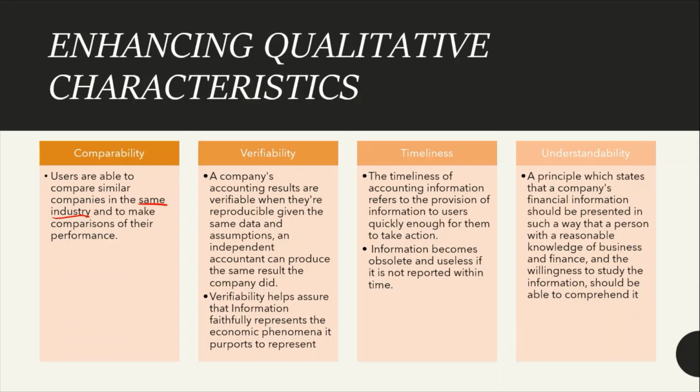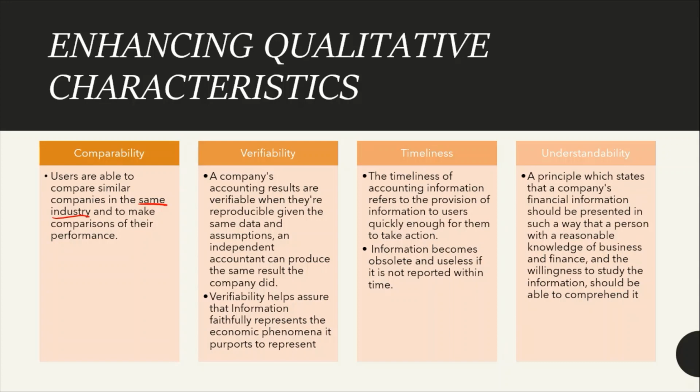When you compare company A and company B, which are in the same industry, we will see which has better performance, better profit, and you can make a decision where to invest. So that is what is needed in a report.